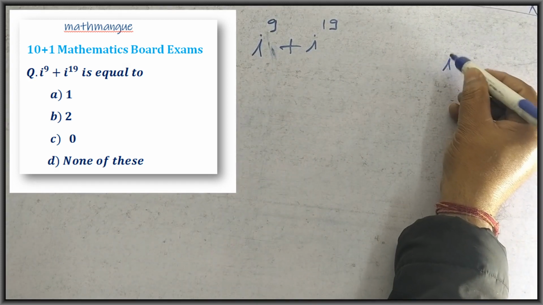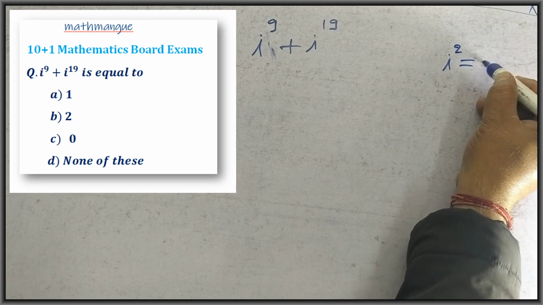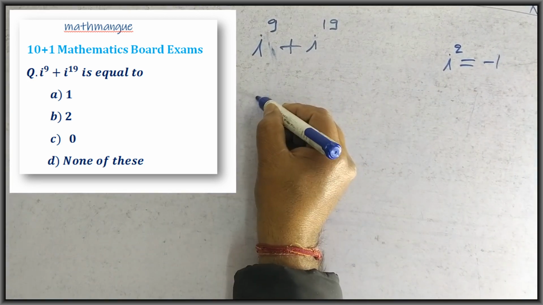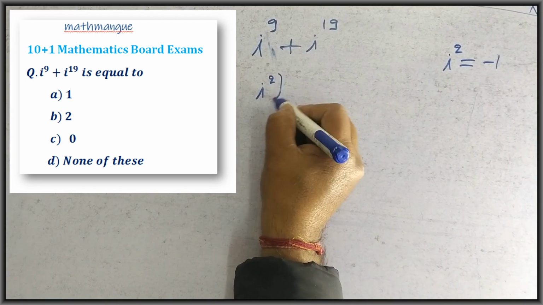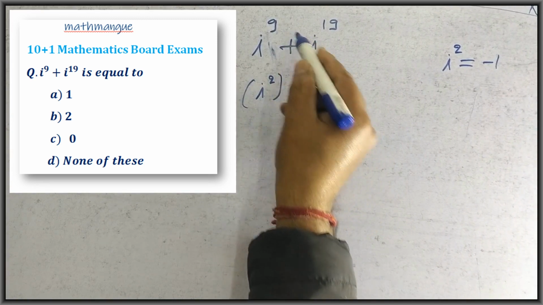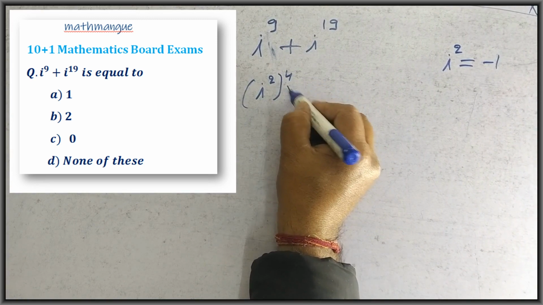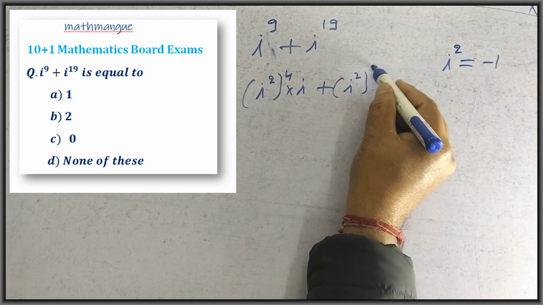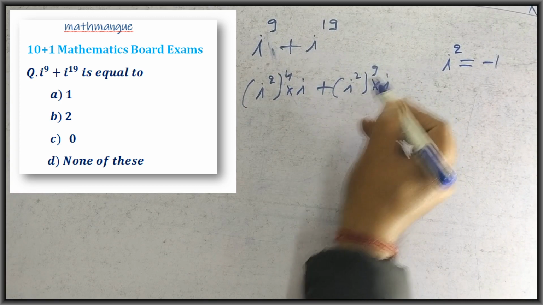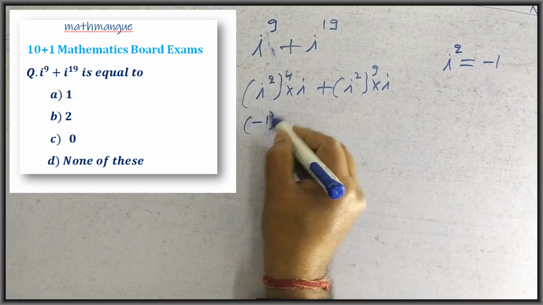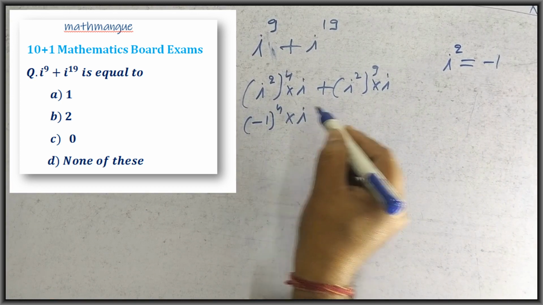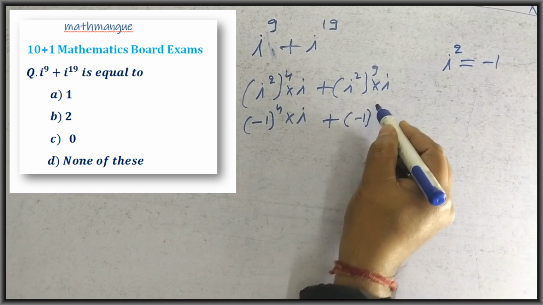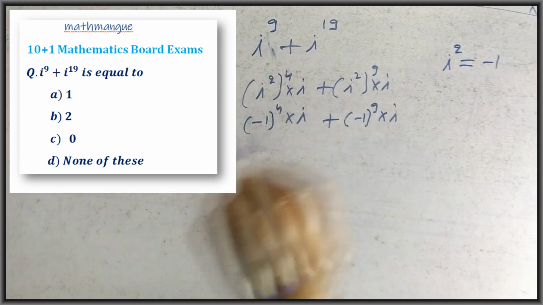See, you all know children that iota square is -1, so this is a very easy question. Iota to the power 9 is iota to the power 4 into iota, plus iota to the power 19 is iota square 9 into iota. So this is (-1) raised to power 4 into iota plus (-1) raised to power 9 into iota.